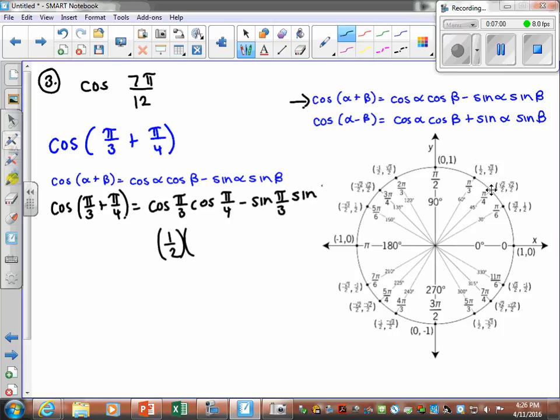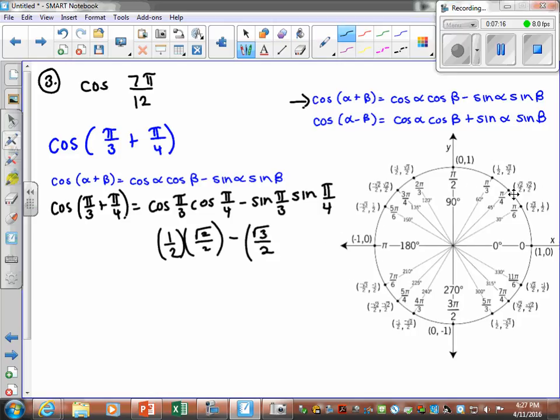Cosine of pi over 4 is going to be the square root of 2 over 2. Sine of pi over 3 is going to be square root of 3 over 2. And sine of pi over 4 is going to be square root of 2 over 2.